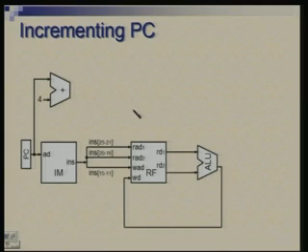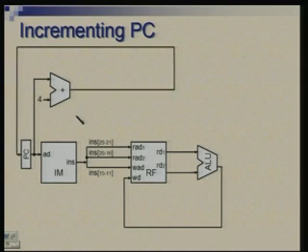So, let us complete that part and see how PC is to be incremented. So, all we need to do is have 4 added to the PC contents and connect the result back to the input of PC. So, this is an adder with one input as 4, one input as PC, and output of this is going back to PC.